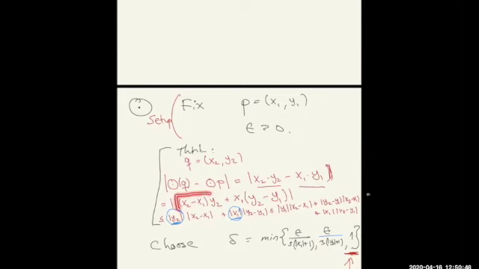And if we group the terms, what we get is (x2 minus x1) times y2, plus x1 times (y2 minus y1). And then the triangle inequality gives us |x2 minus x1| times |y2|, plus |y2 minus y1| times |x1|.